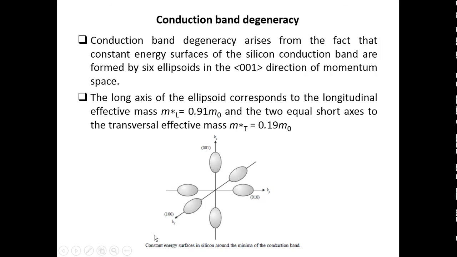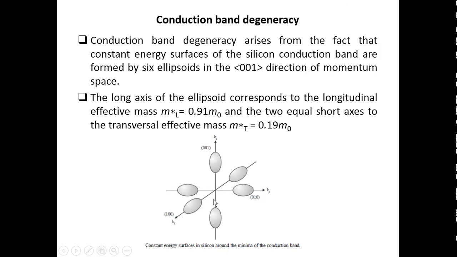In momentum space, this is the 0, 0, 1 direction, this is the 0, 1, 0 direction, and this is the 1, 0, 0 direction, and so on. These directions are mentioned like this.